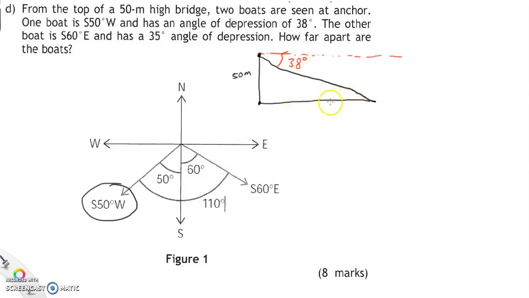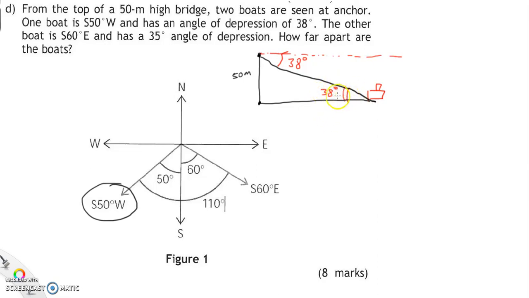Okay, so what we're trying to do is figure out the straight line distance between the bottom of the pier, where we're standing, and the boat. Here's the boat here. So that's 38 degrees. This line looking across horizontally and the water are parallel, so this angle here is also 38 degrees.